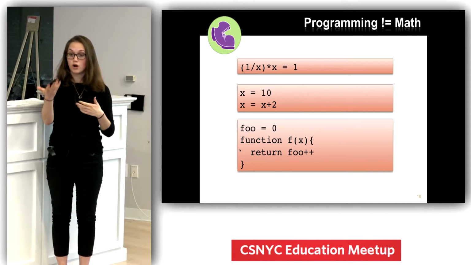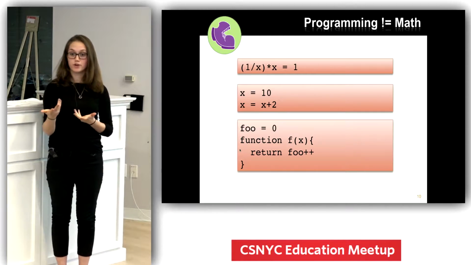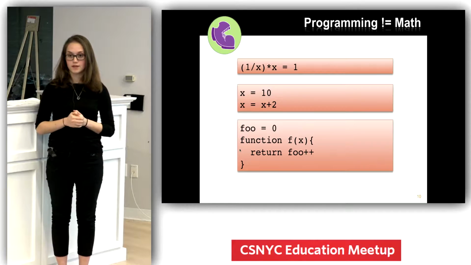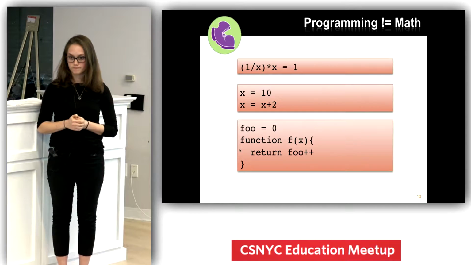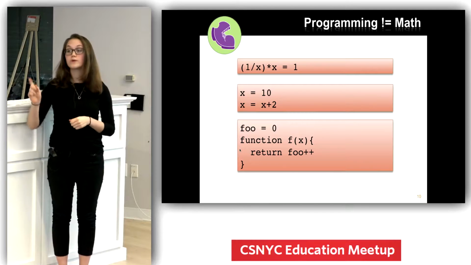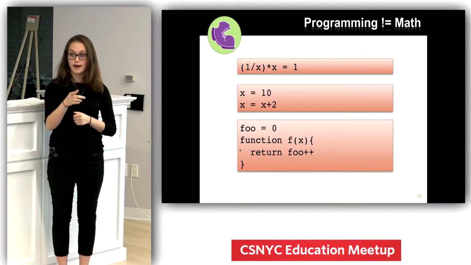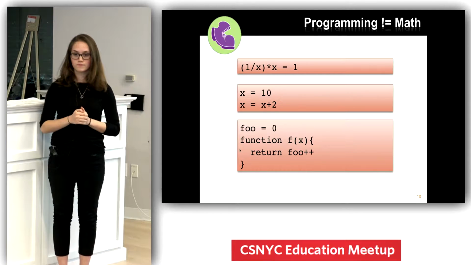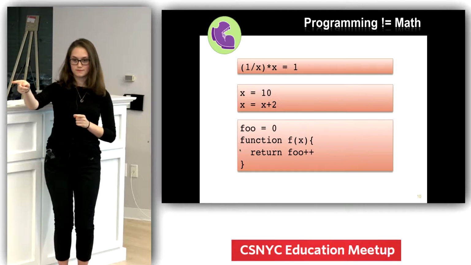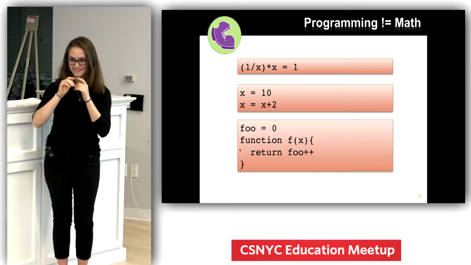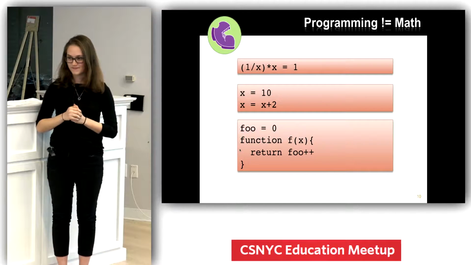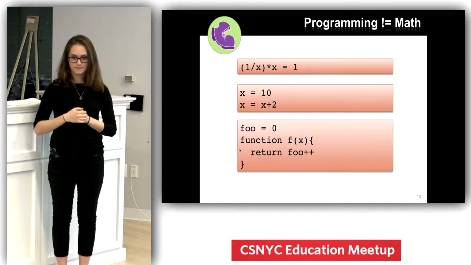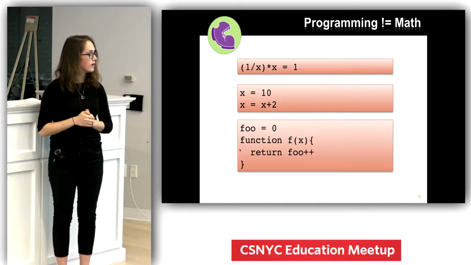So I'm going to call you as I would a function, so I might say f of 0, and you're going to tell foo to increment, and then you'll tell me his new value. You're going to increment your value and give it back to f. Great. So if I say f of 0, foo, increment. 1. So f of 0, we got 1.